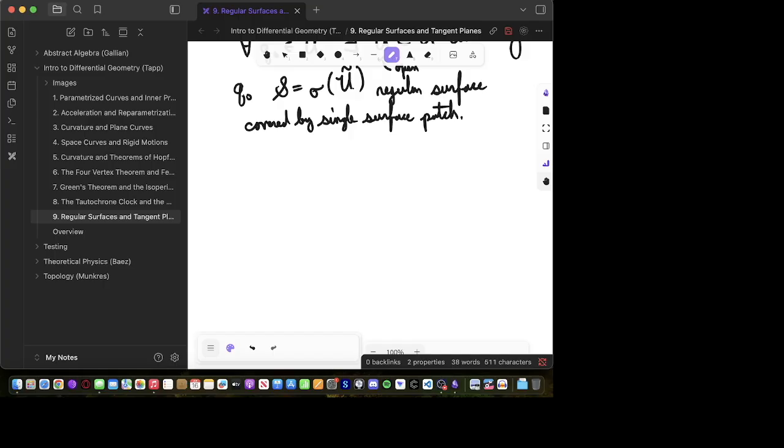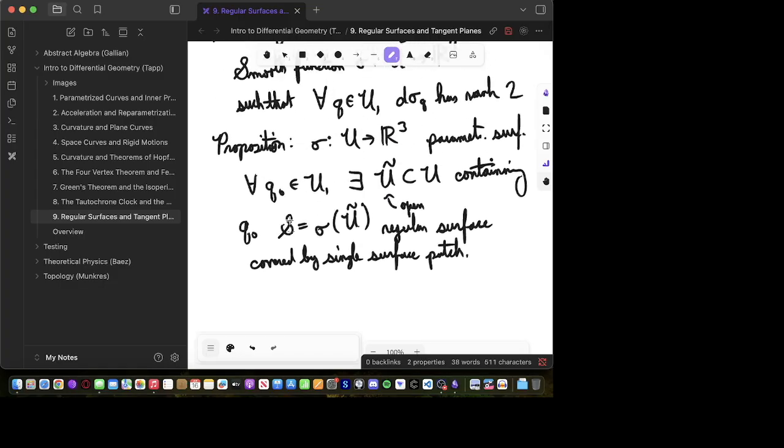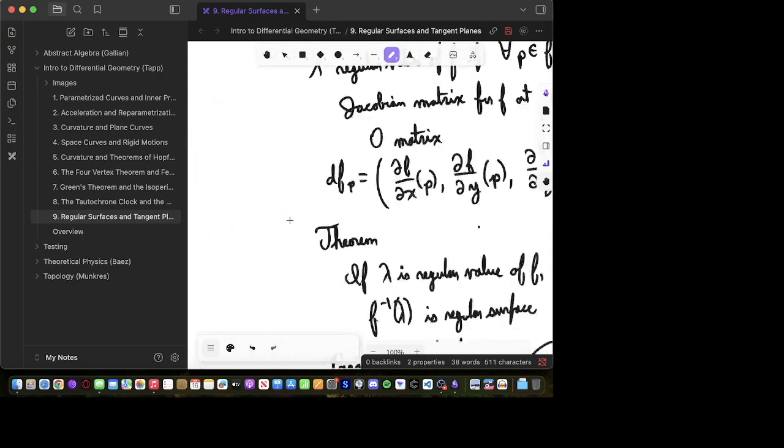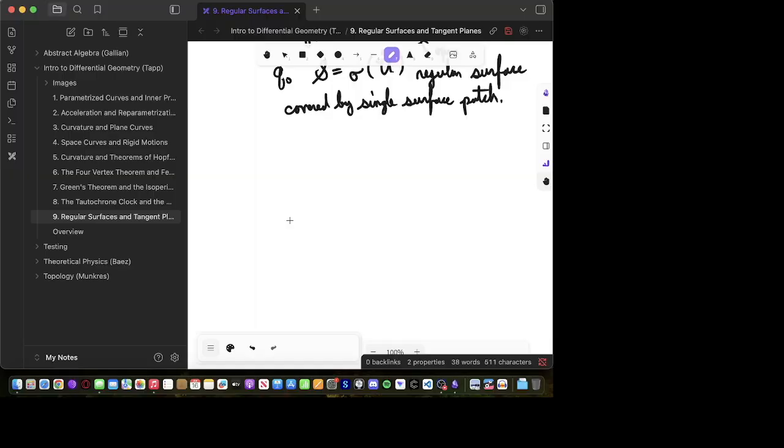So now we've discussed regular surfaces in great detail. Let's do a bit of discussion on the tangent plane.